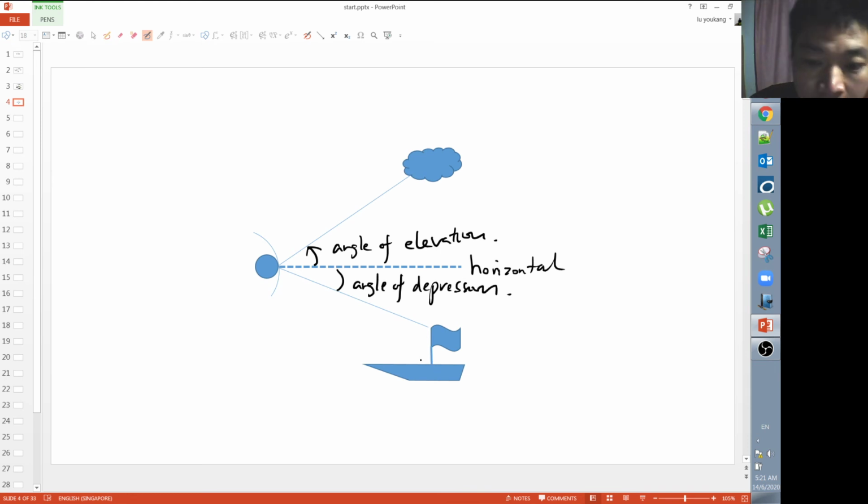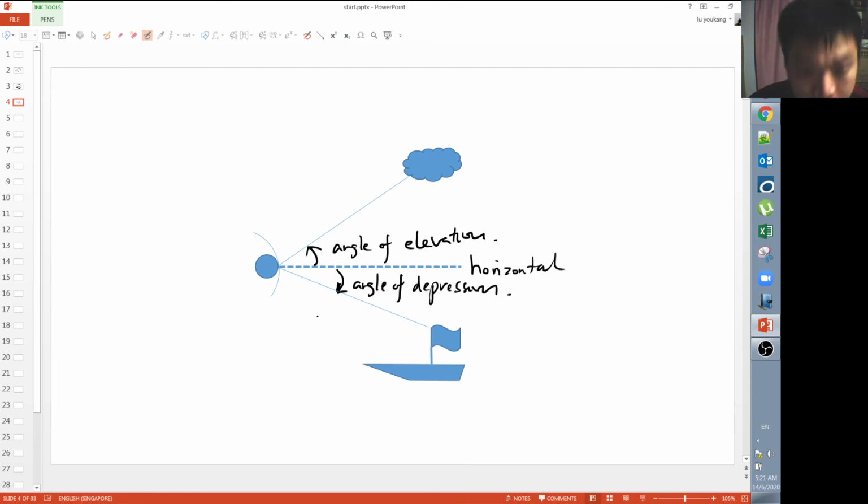Angle of depression is always from the horizontal, you go down. You go down to your line of sight required.